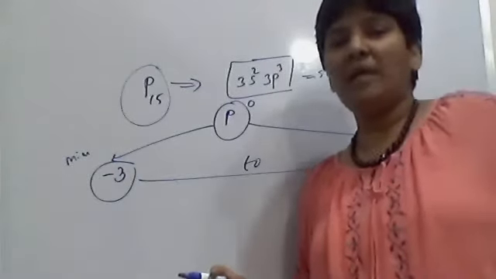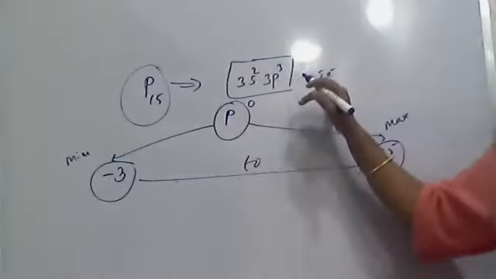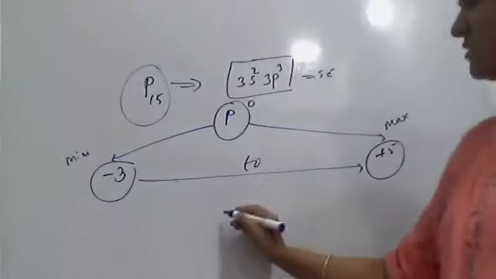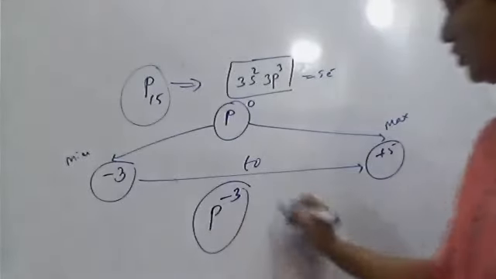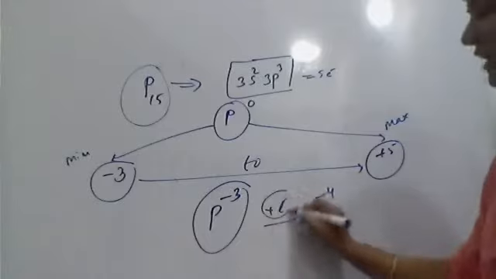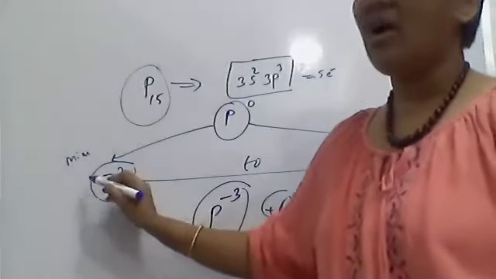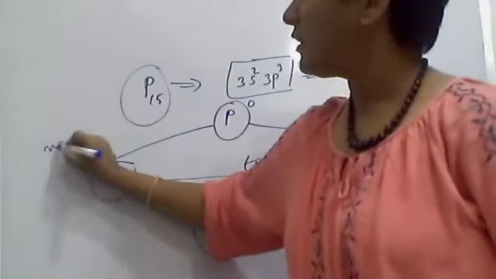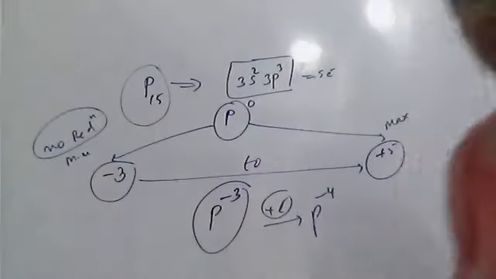No, because in its outermost shell it has 5 electrons and requires only 3 electrons. So once P -3 is formed, will it get one more electron and change into P -4? No. The least or minimum oxidation state never undergoes reduction.